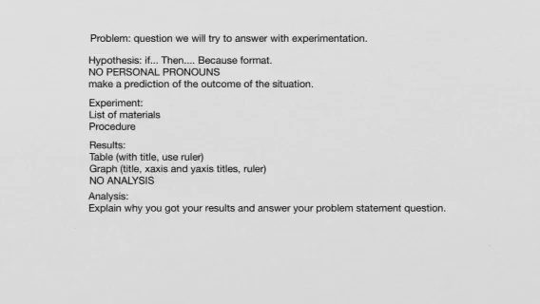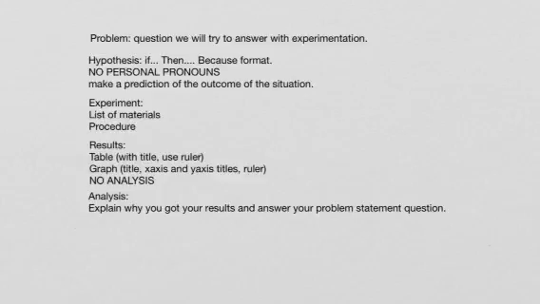When we talk about the analysis section of a lab write-up, we're talking about explaining our results. Okay, saying, well, the pH of 5, well, that's an acid because anything lower than a 7 is an acidic substance. Okay, and one of the characteristics of an acid is that it's sour.